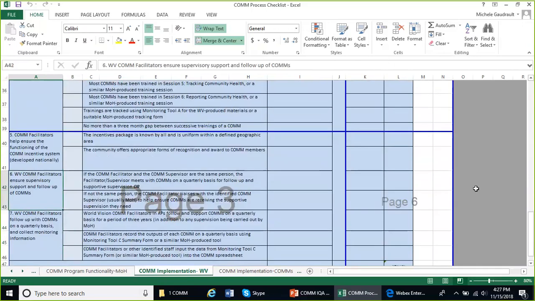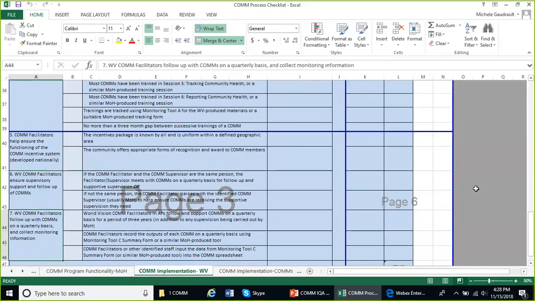That the COMM facilitators ensure that the supervisory support happens. So whoever the COMM supervisor may be, the COMM facilitators try to ensure that the supervision is happening. Usually the supervisors are MOH, but our DFs can have a role to play in following up on that.